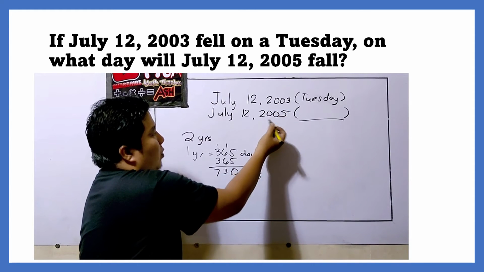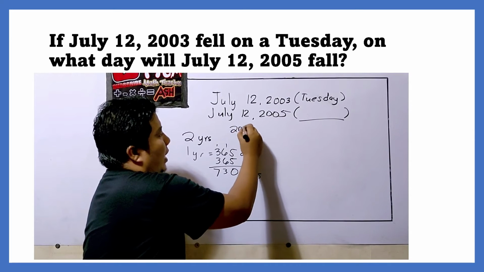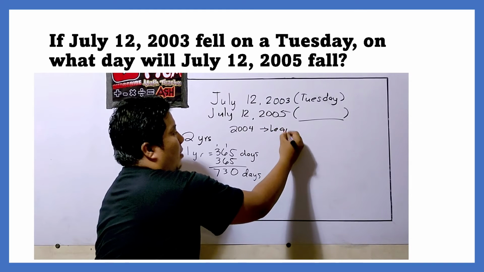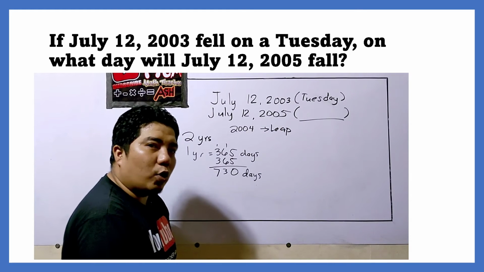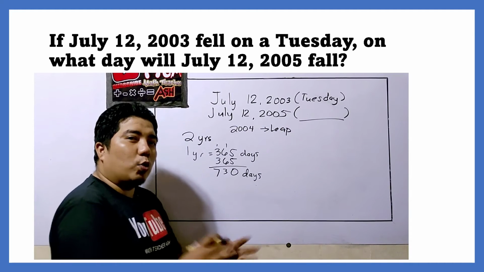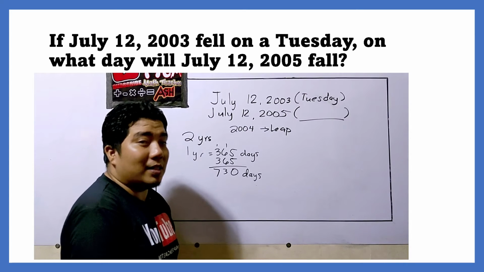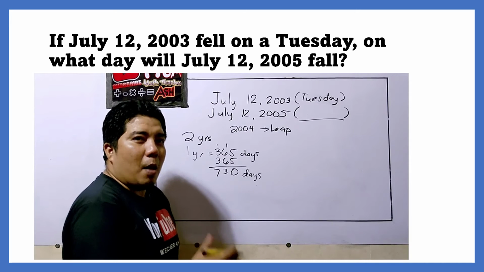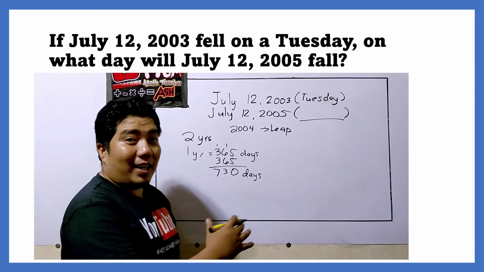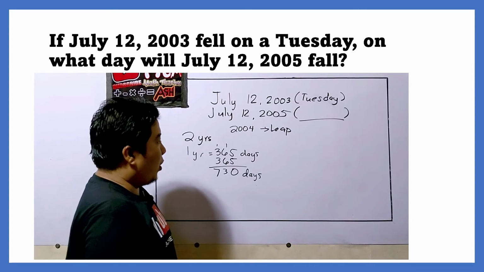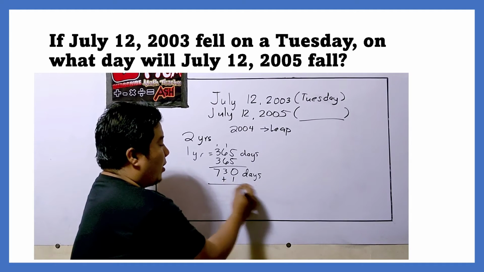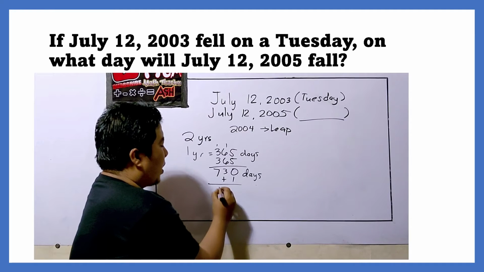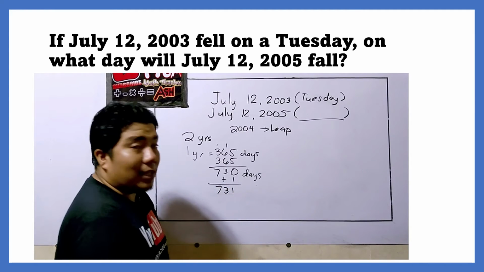Between 2003 and 2005, it is 2004. 2004 is known as a leap year. Now, if we are talking about leap years, the total number of days in a leap year is not 365, but instead it is 366 because of February 29. Therefore, we will be adding one more day in the difference of 2 years. So this will become 731 days.